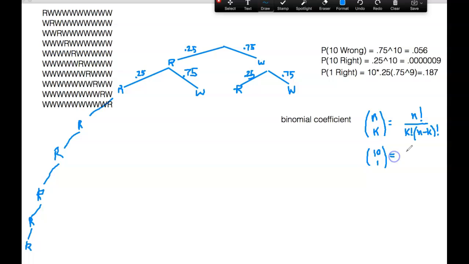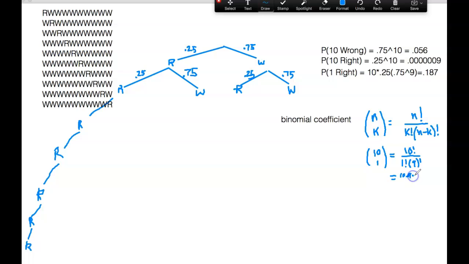Okay, well, let's figure out why that works. That's 10 factorial over 1 factorial. 1 factorial is just 1. Divided by 10 minus 1 is 9. 10 take away 1 is 9 factorial. 10 times 9.